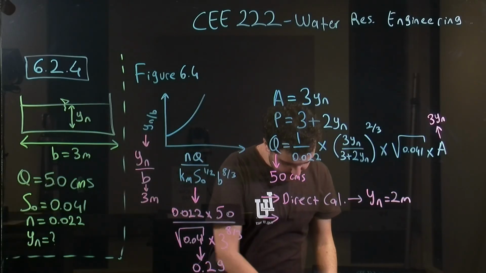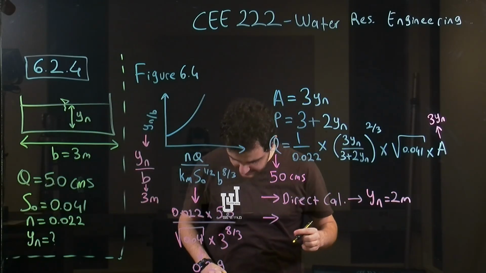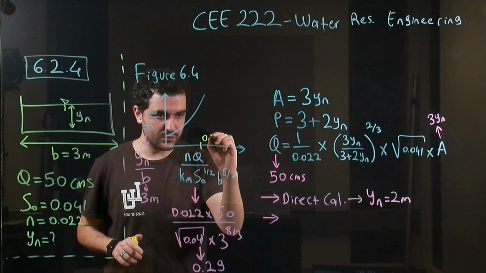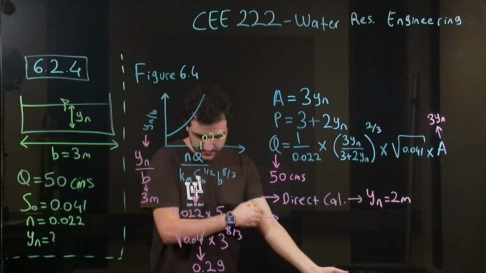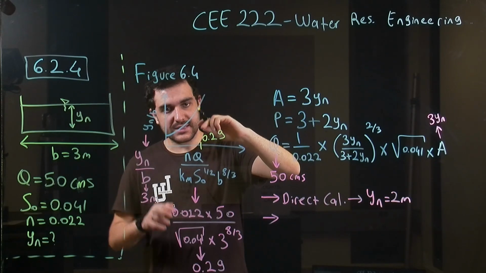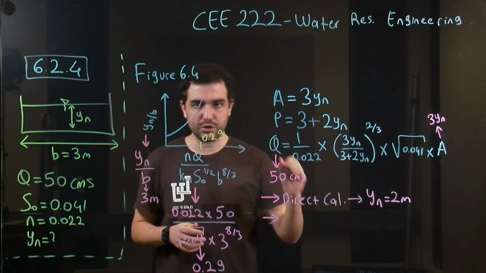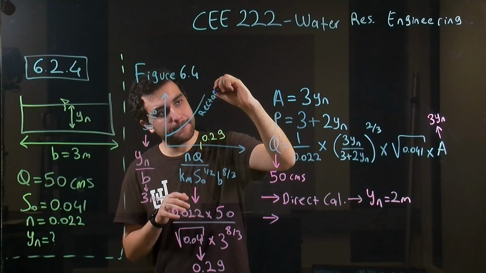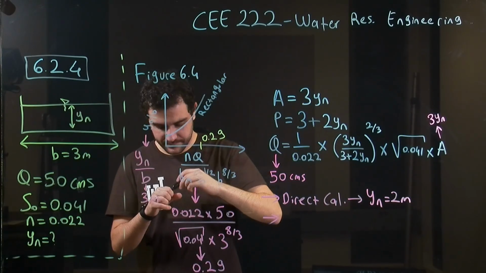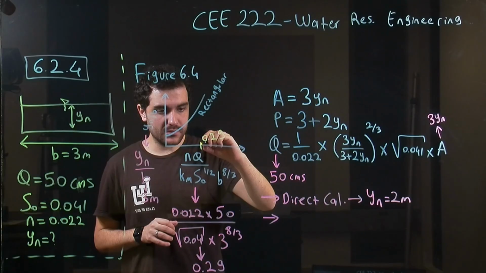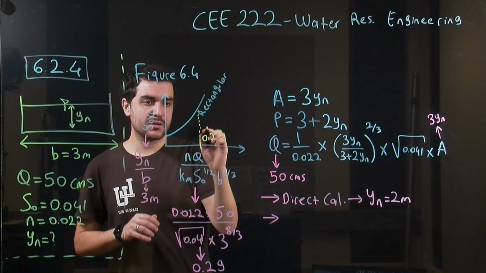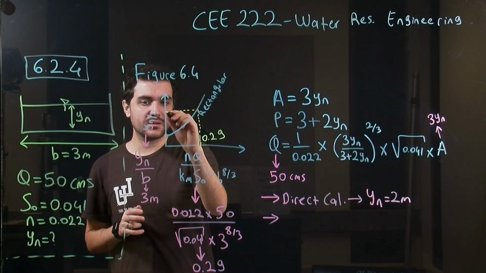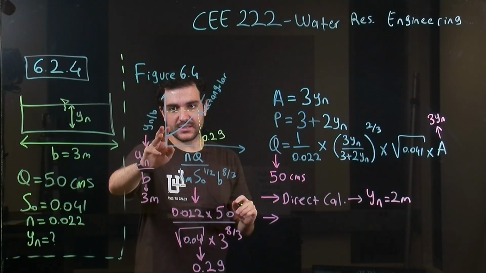When we use this table, for example, let's say we have 0.29, and since we have this rectangular curve, we will intersect this curve with our x-axis. Then we will get the value on the y-axis.